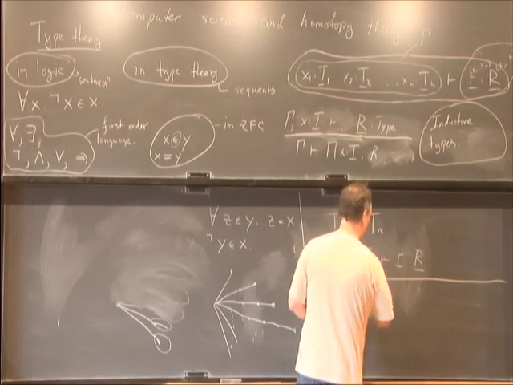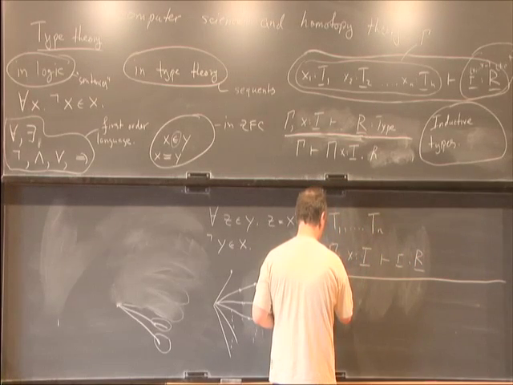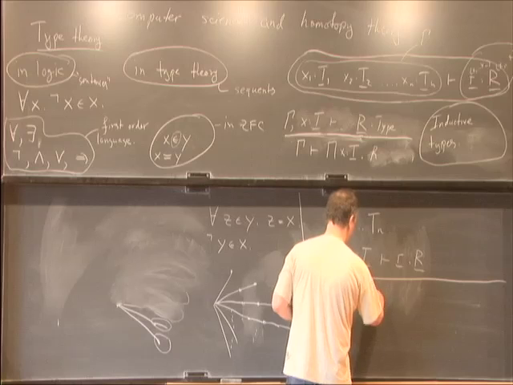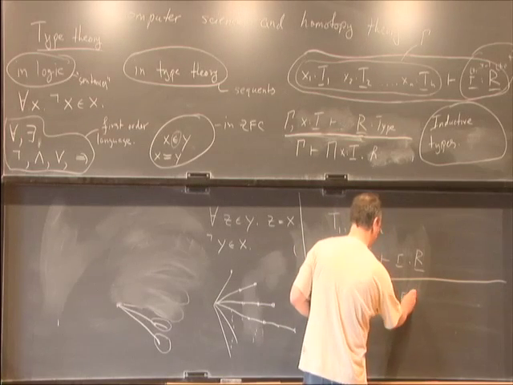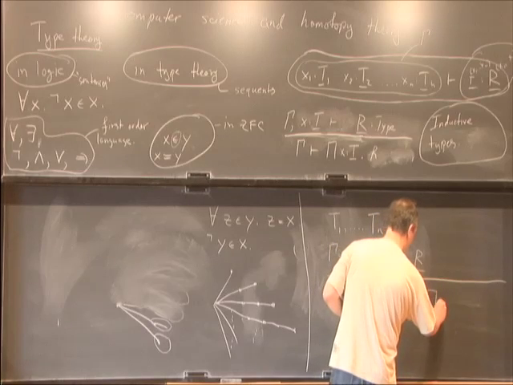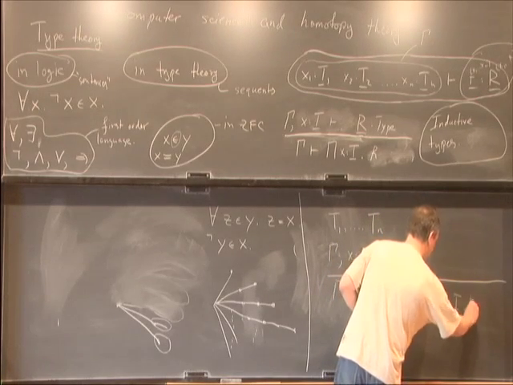And that would be the rule for the formation of a member of dependent product. So in that case, I can write gamma, lambda x, and that will be a member of the product of x.